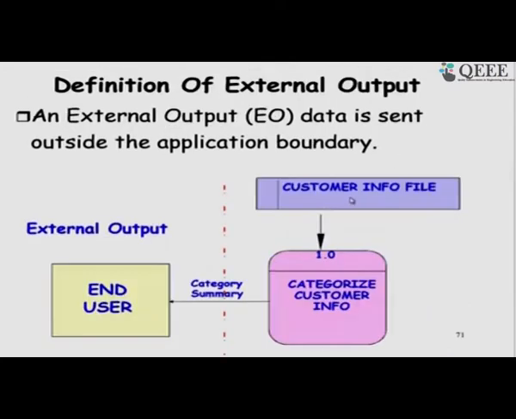Then there is the external output, where based on some inquiry, or some input data request that has come, the system produces an output. Here also we compute each related set of data as 1.